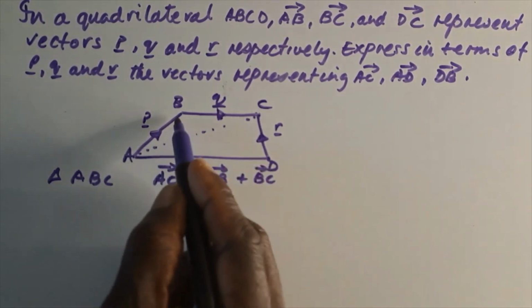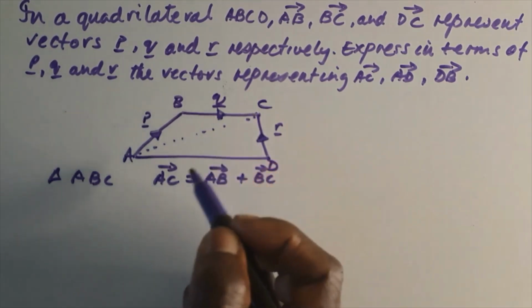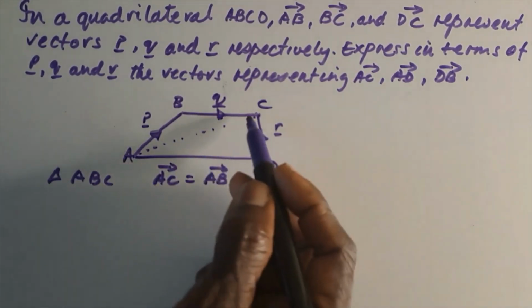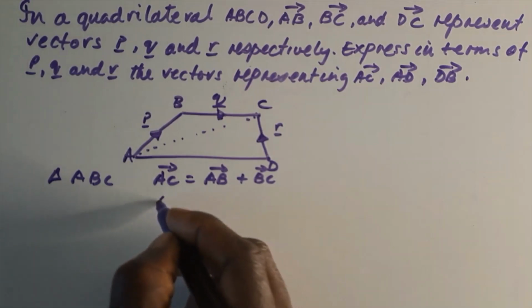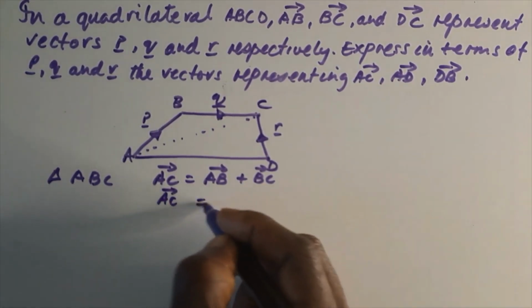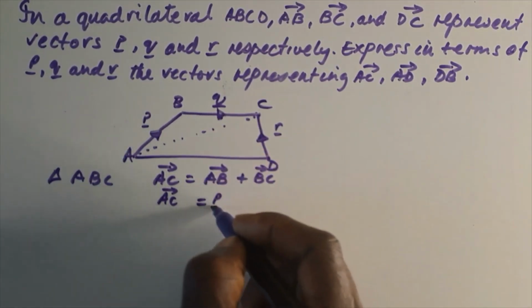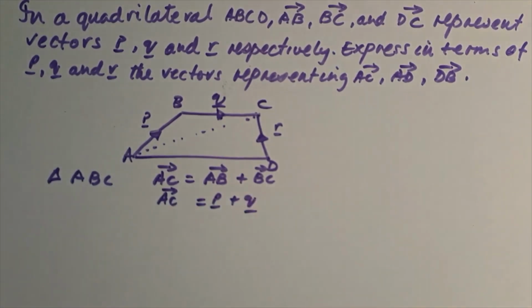So AB is going in this direction, BC is going in this direction, and our resultant is AC going in the opposite direction. So we can express this displacement AC in terms of P, added to Q, the two vectors P add Q.